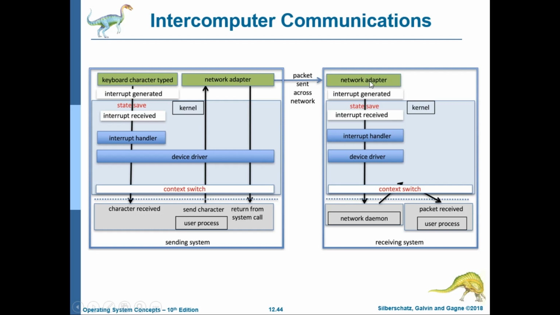Then the network adapter has acquired a packet, so an interrupt is generated. Again it is received in the kernel and handled by the interrupt handler, then the device driver, then there's also a context switch, and then the network daemon. Next, the packet is received by the user process. This is how remote login is illustrated.